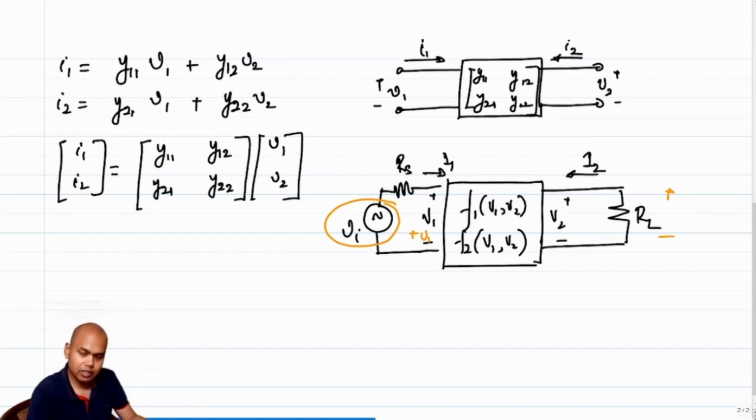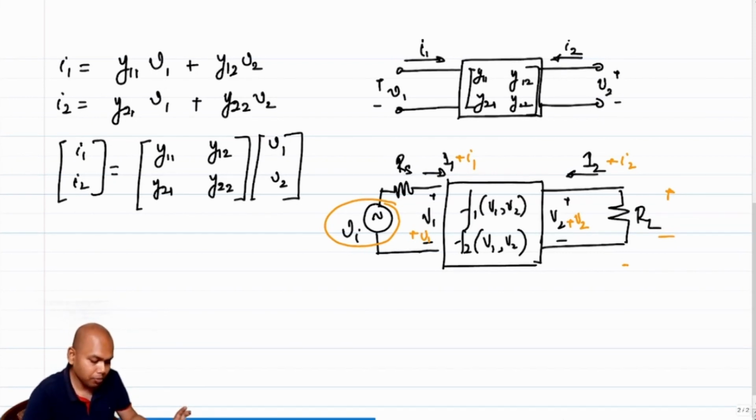The port voltage on the other port, port 2, will change to V2 plus some small voltage, small v2. Similarly, the currents will also change from I1 to I1 plus small i1, I2 to I2 plus small i2, right?